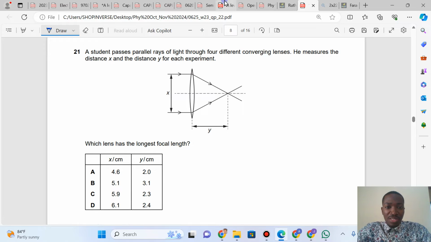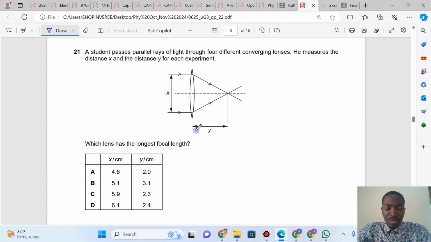A student passes parallel rays of light through four different converging lenses. He measures the distance x and the distance y for each experiment. Which lens has the longest focal length? Focal length is the distance between the optical center and the principal focus, the point where parallel rays pass through after refraction, and that's distance y.